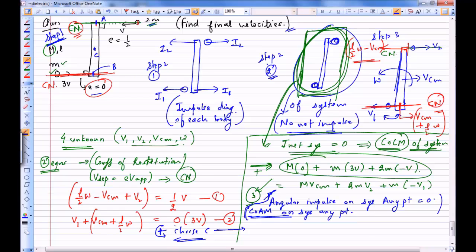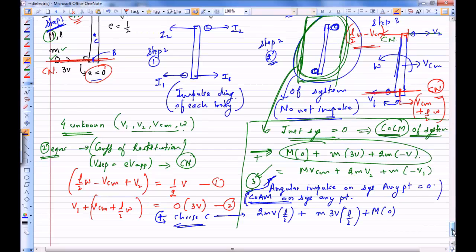So what's our angular momentum of the system about C just before collision? That's going to be 2M V L by 2 plus M 3V L by 2 plus capital M into 0, it's at rest.